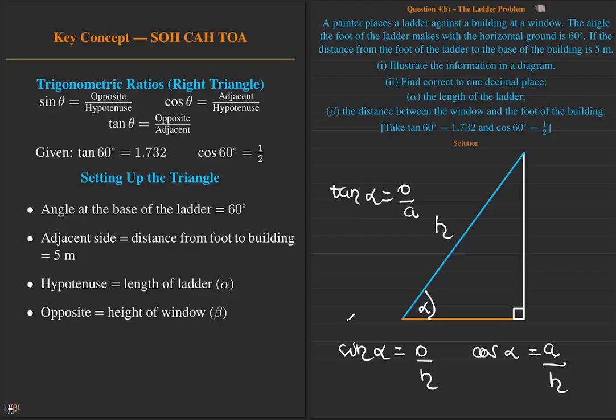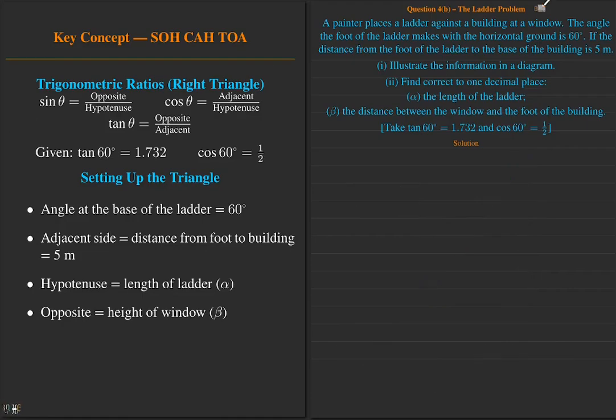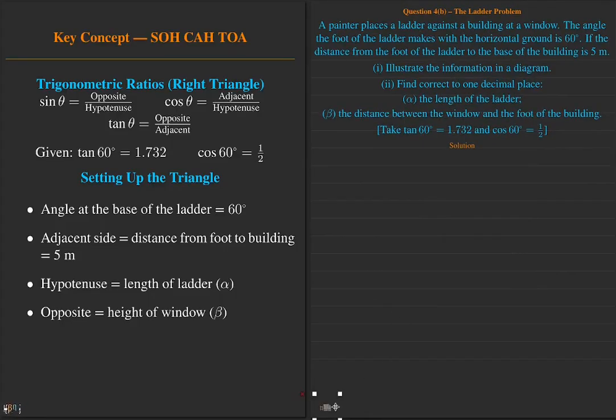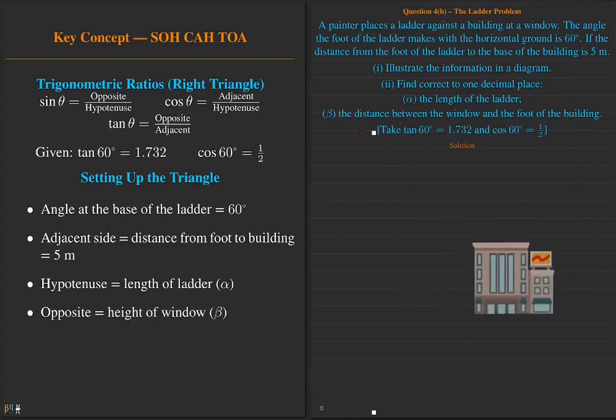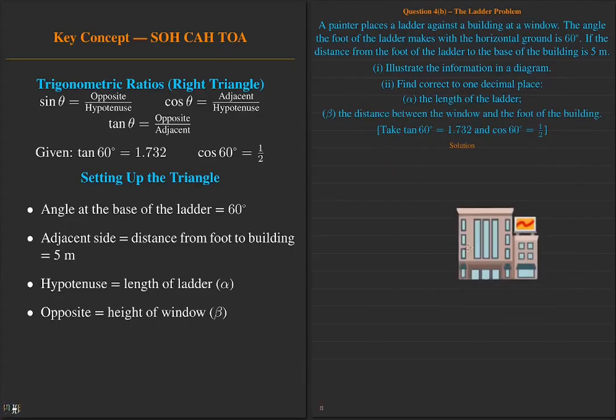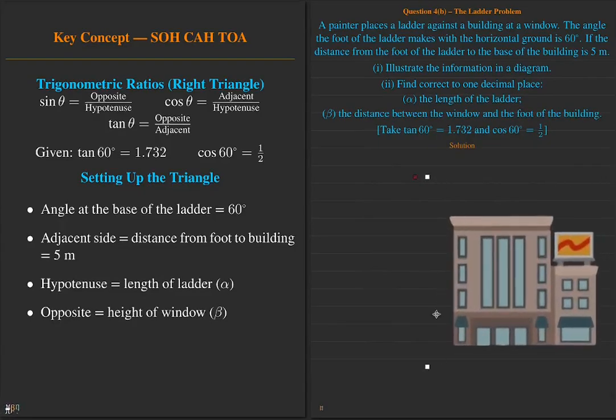Now that we understand the concept, let's look at the question. Back to the question, it says a painter places a ladder against a building at the window. Just for illustration purposes, this here is going to be my building, and these are the windows. Now the painter places a ladder.